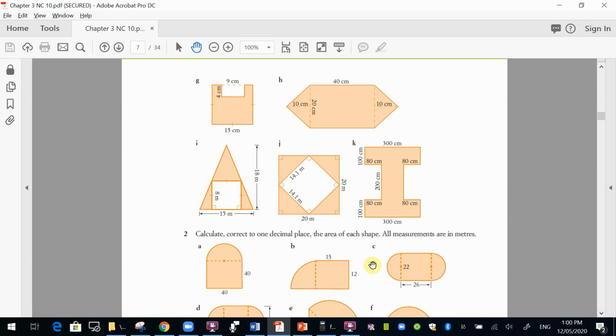Here's some more of the two types. We have this shape here, which has a rectangle with two triangles added. This one here is one where the bit has been taken away. So you find the area of the outside shape, the triangle, half the base times the height, and then take away this square area in the middle.